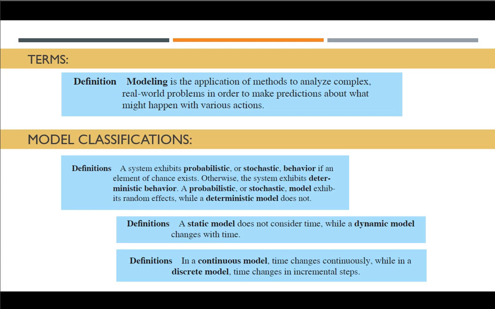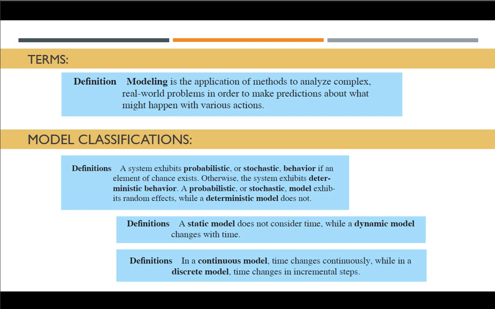Okay, so we can also classify models as static or dynamic. First, there's probabilistic or stochastic, which is the same, and second is deterministic, and another classification is what we call static or dynamic.